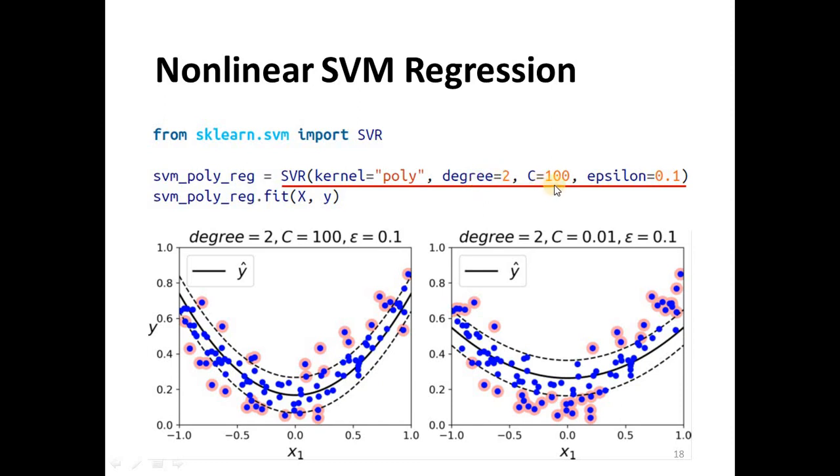C hyperparameter is 100, epsilon is 0.1 here. Now this is with C as large as 100. The model is trying its best to fit these points. Now with the smaller C, it does not try that hard, and we have more violations here.